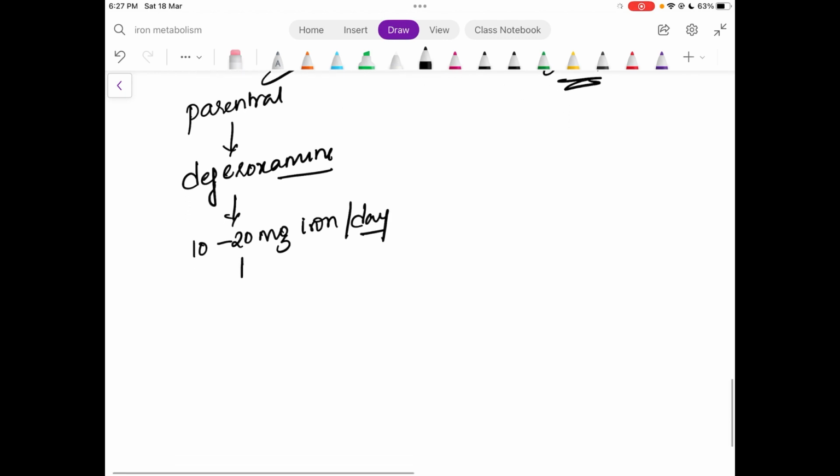The removal is much less than with phlebotomy.